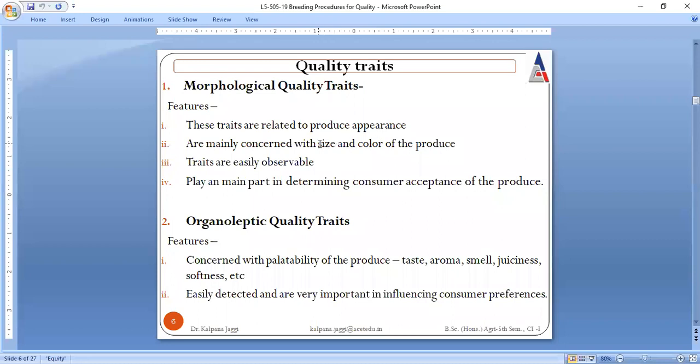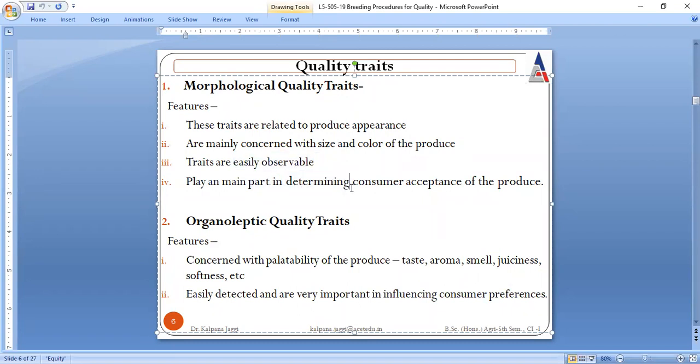We discuss the size, we discuss the color, and a very important thing about morphological quality traits, they are easily observable. That means you can see them very smoothly, and they play an important part because these are easily observable.